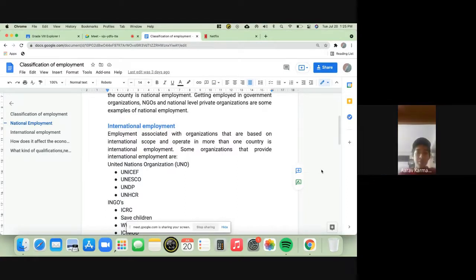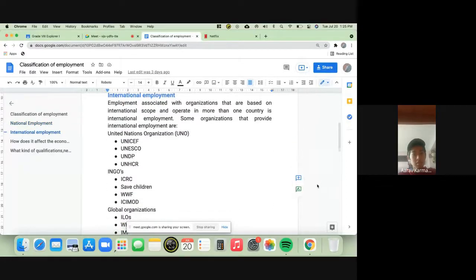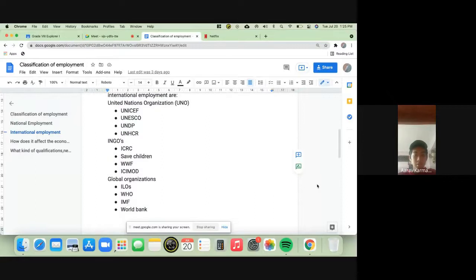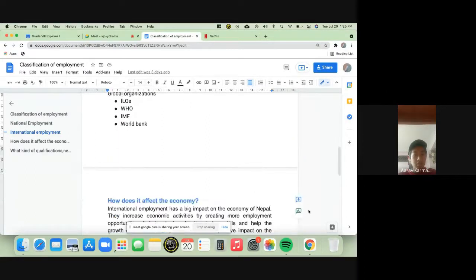International employment is associated with organizations that are based on national scope and operate in more than one country. Some organizations that provide international employment are United Nations organizations, NGOs, global organizations, etc.